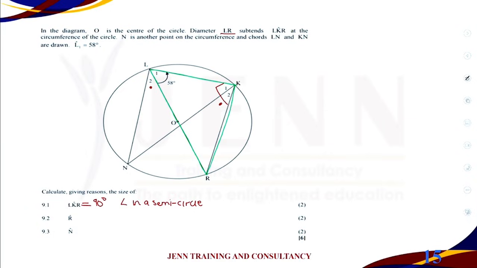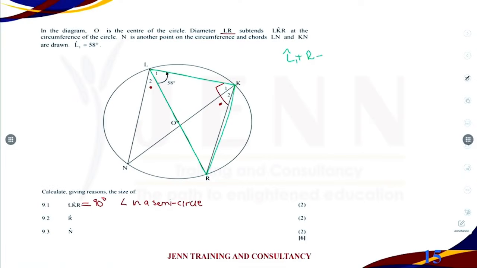add angle L1 plus angle K plus angle R. So the sum of the three angles must add up to 180 degrees. And the reason for that is the sum of interior angles. Please emphasize interior, because it's important that you know that we are adding the interior angles.